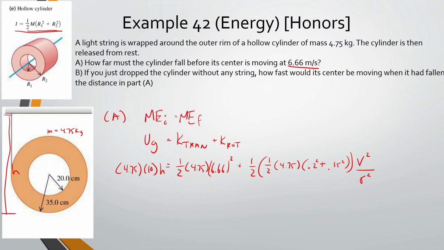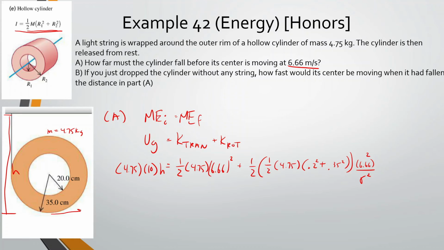And this is where it gets a little bit confusing, because can we just cancel out these two r's? And the answer is no. The answer is no because we're going to change this velocity to be 6.66, but where it's going 6.66 is at the outer rim.